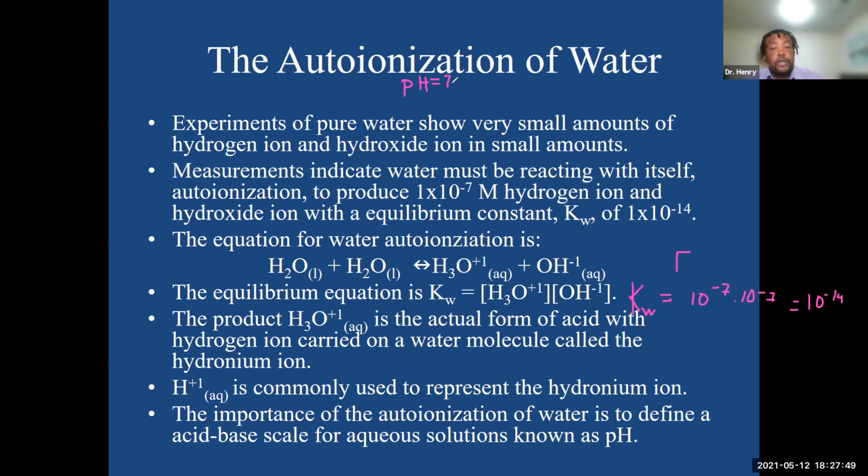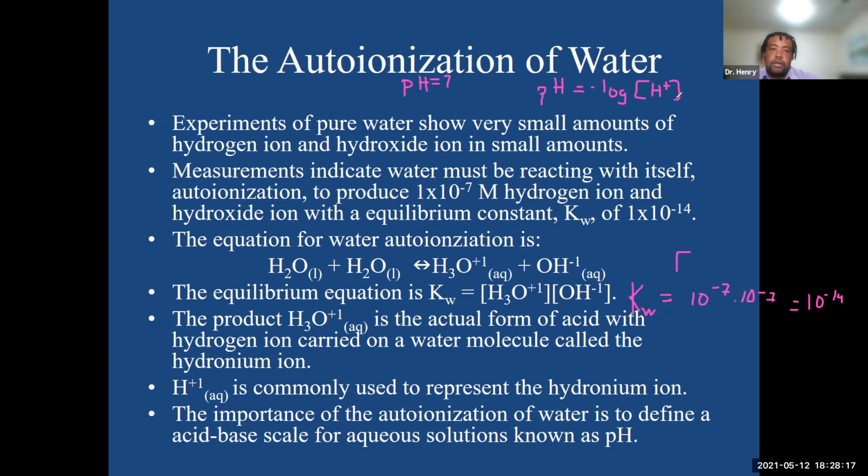Water is neutral because pH is defined as minus the log base 10 of the concentration of the hydrogen ion, or we call it hydronium.